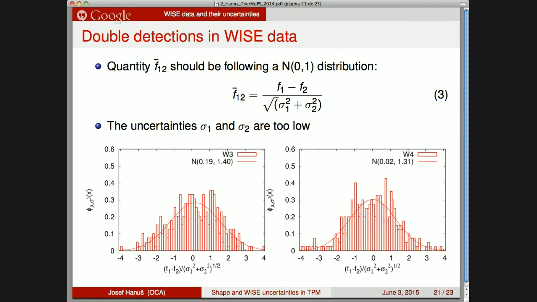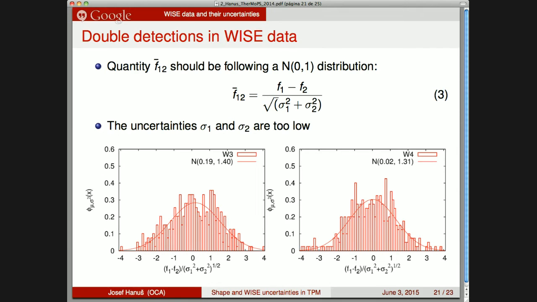So we computed this value for all the double detections for W3 data and W4 data, created the histograms and fitted the normal distribution. And you see that it's not N(0,1), but the dispersion is much larger.